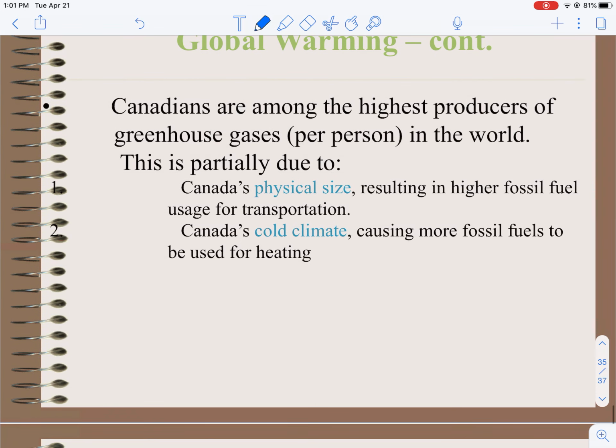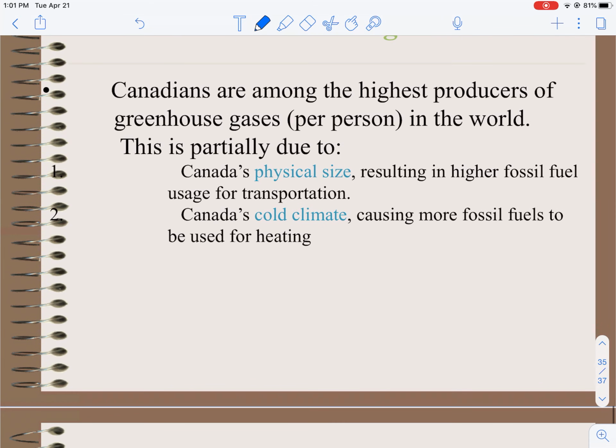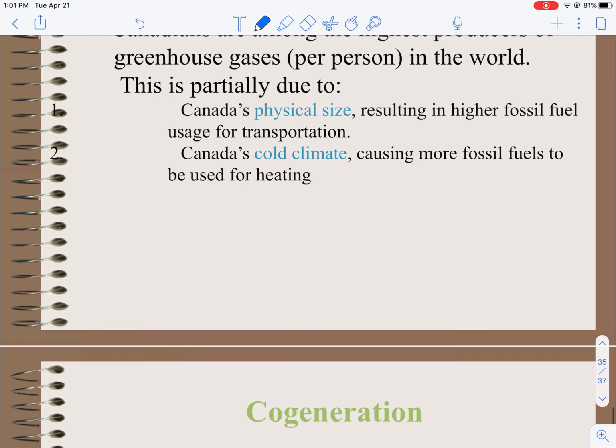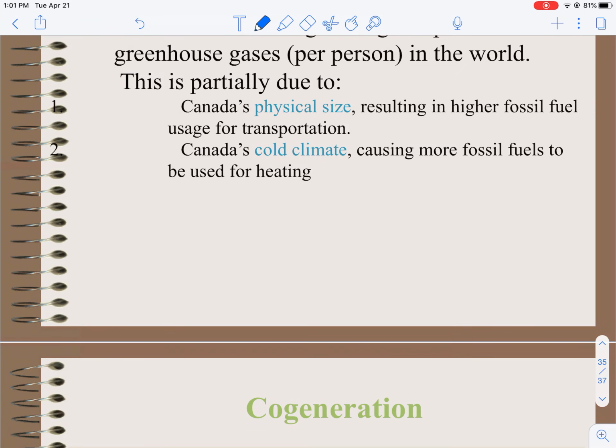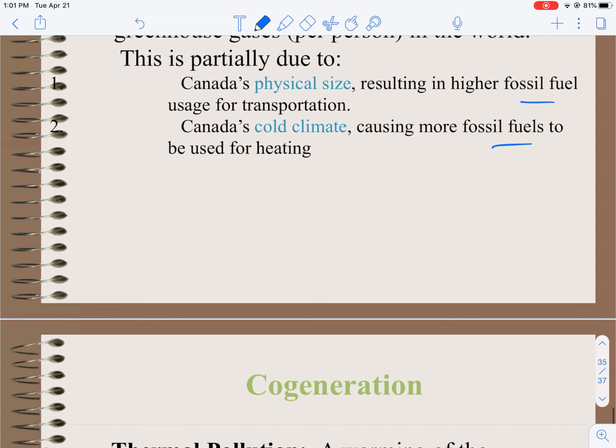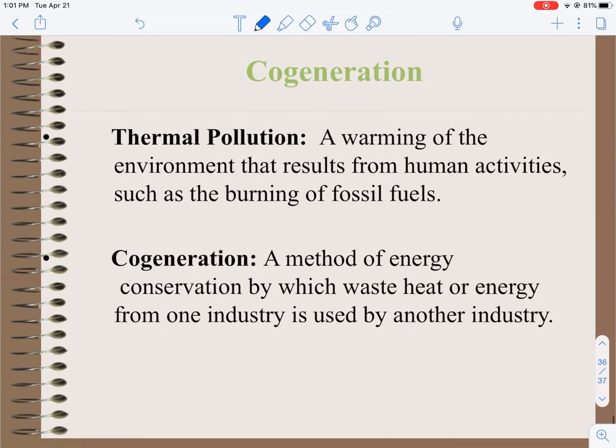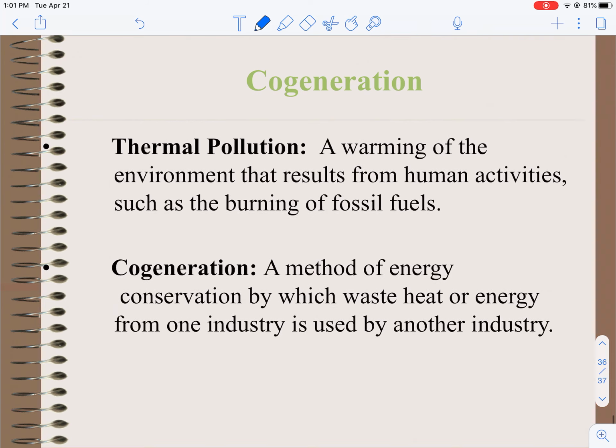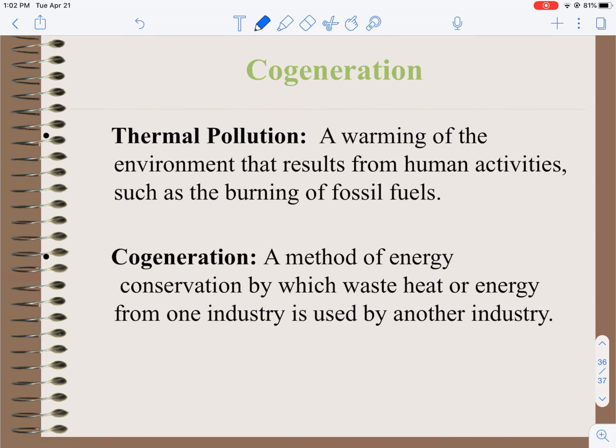So a lot of far-reaching effects of global warming are known. Canadians are producing a lot of greenhouse gases because of our high use of fossil fuels for all sorts of things, including heating our homes because we live in a cooler climate.